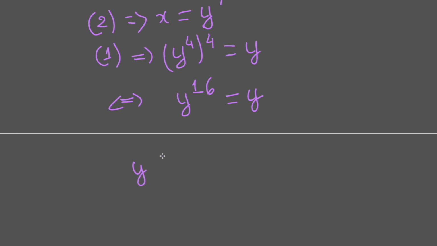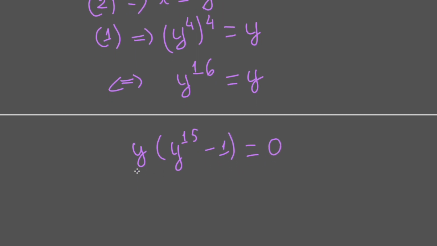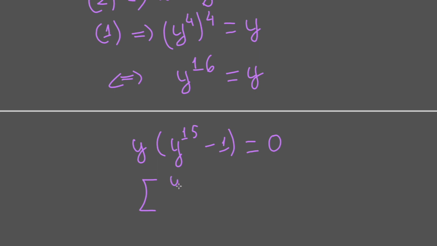From this we get y times (y to the power of 15 minus 1) equal to 0, and there are two values: y equal to 0 and y equal to 1.